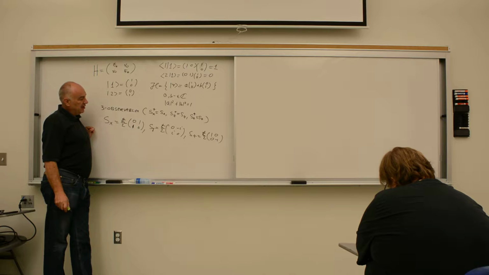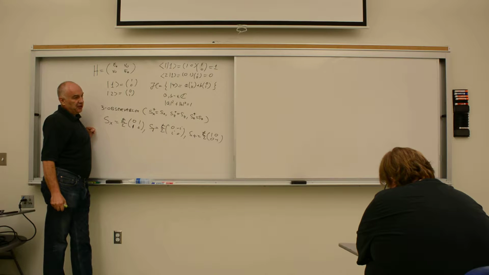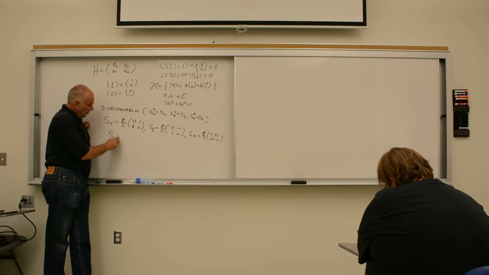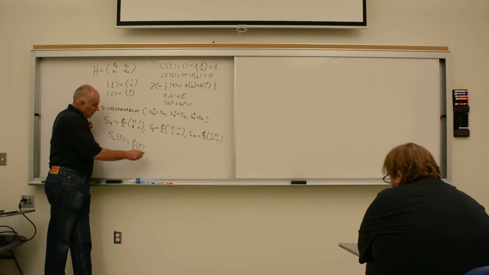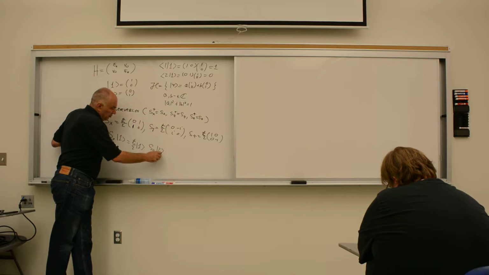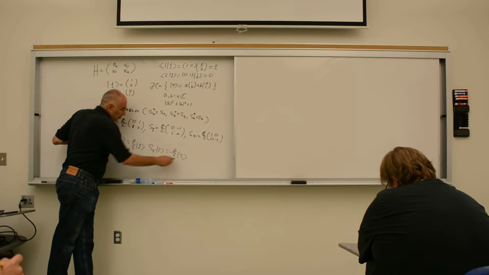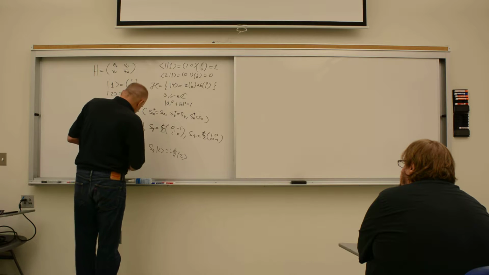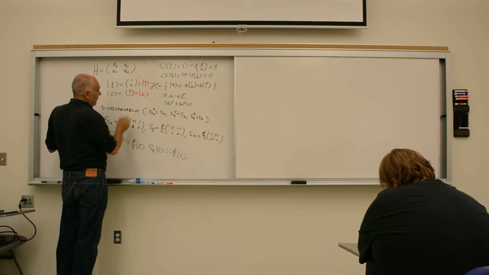You can see that only one of these three operators is diagonal in this particular basis. So for example, Sz on 1 is simply h bar over 2 times 1, and Sz on 2 is minus h bar over 2 times 2. And it is convenient and commonly done to call these up or down vectors.